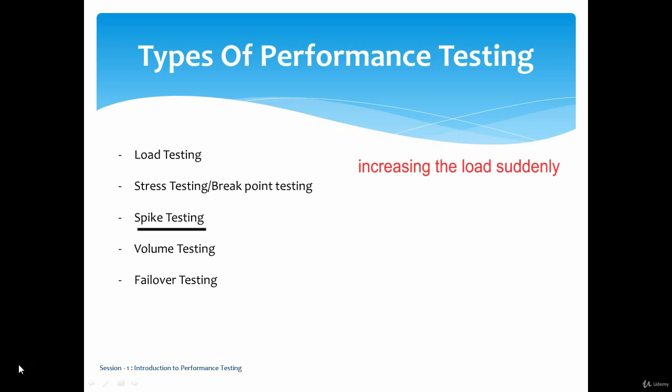This is just to see how the application behaves when the load is increased all of a sudden. This will provide us detailed metrics like application capacity, whether it can handle a sudden load or not. So spike testing is normally done to verify the application behavior during special situations of sudden load.